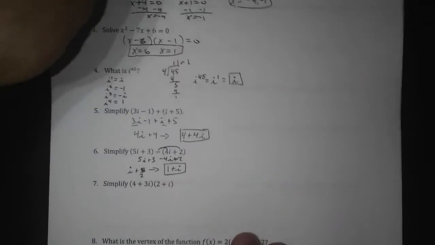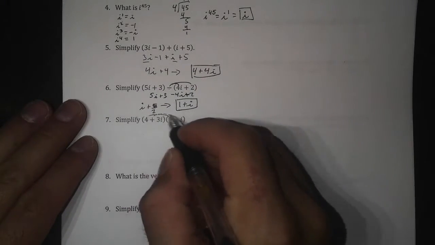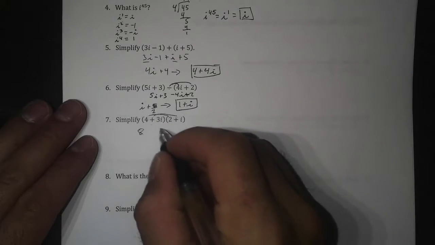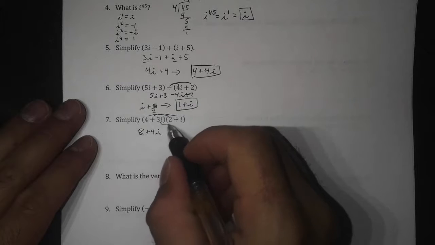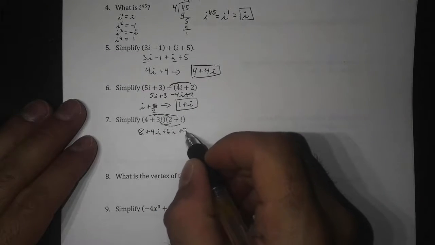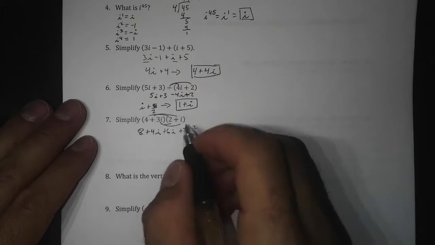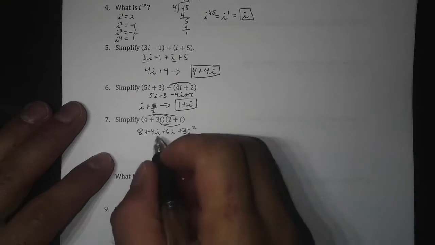This next problem. Now we're going to distribute. Here we get 8 plus 4i plus 6i plus 3i squared. Combine terms in the middle.